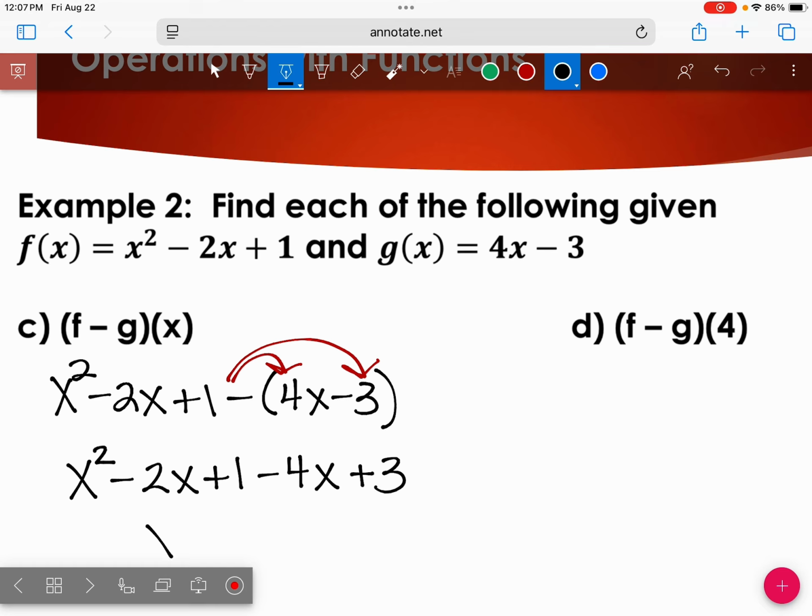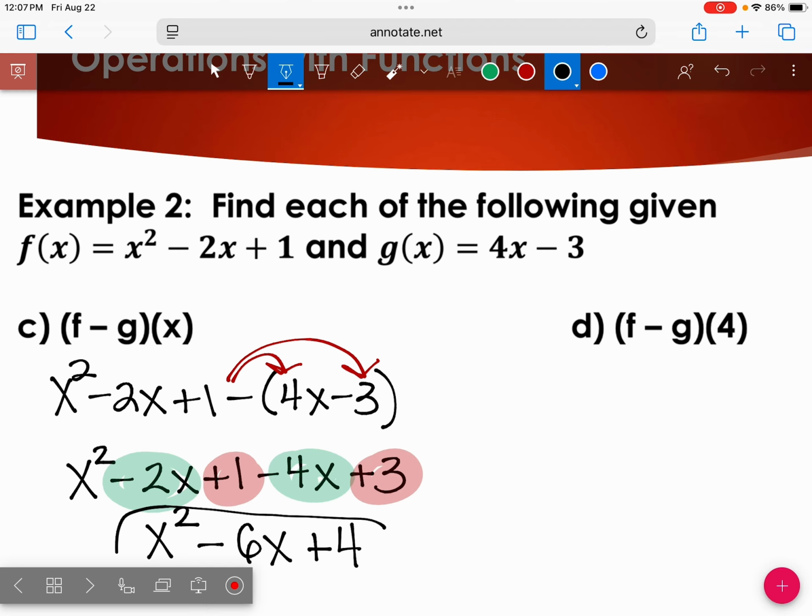So we have the x squared. These two can be added together, which will give you a negative 6x. And when you add these two, you get 4.